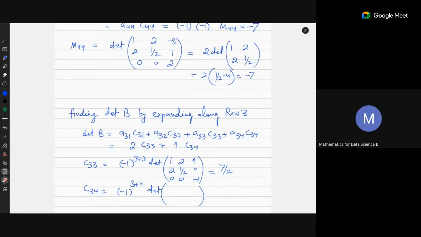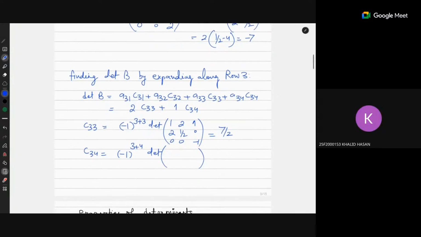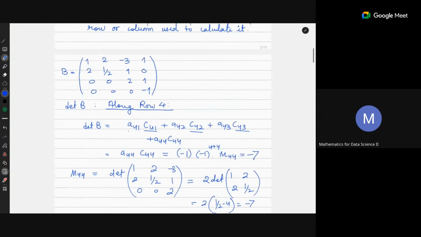But here it is minus 1, right? I'm expanding along row 3, so it is minus 1. Now what is the cofactor of 3, 4? It is fourth column and third row.